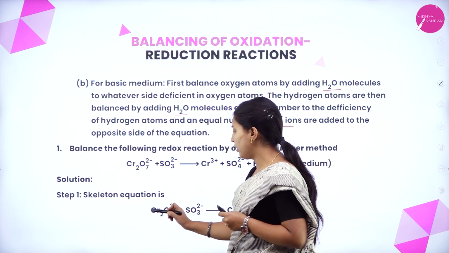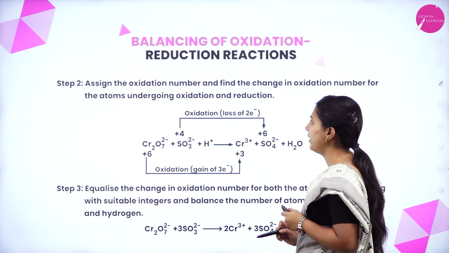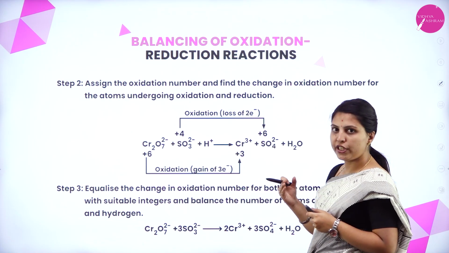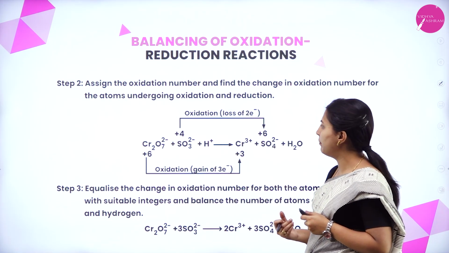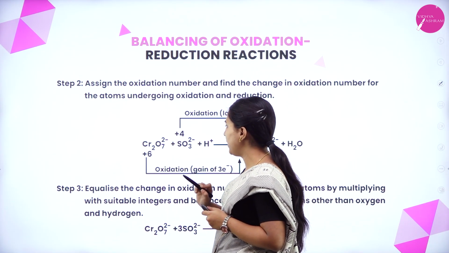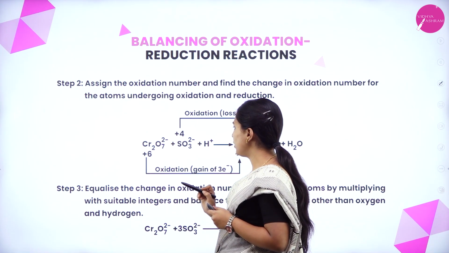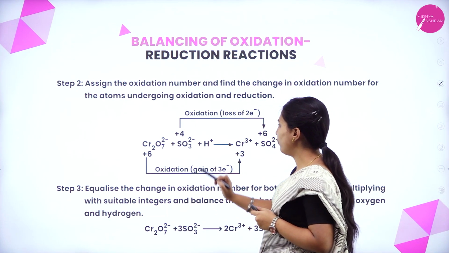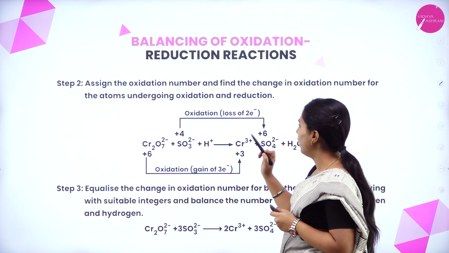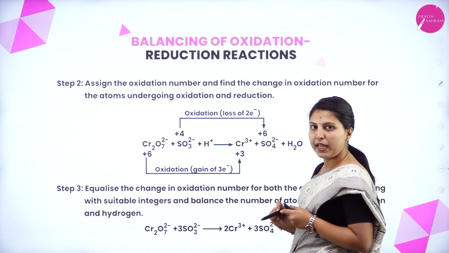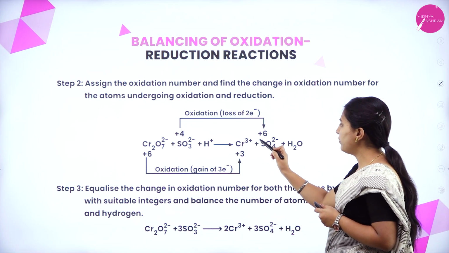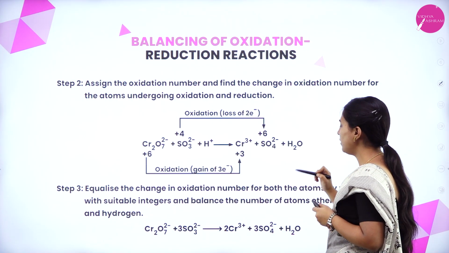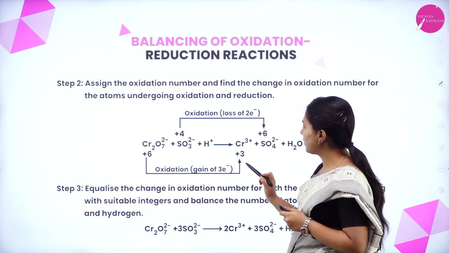First step, the skeletal equation they have written here. Next step, assigning the oxidation number to each and every element. See here, for chromium +6, for oxygen -2, for sulfur +4, oxygen -2, and they have added H+ here, and chromium 3+, for sulfur 6+, and the H2O molecule.